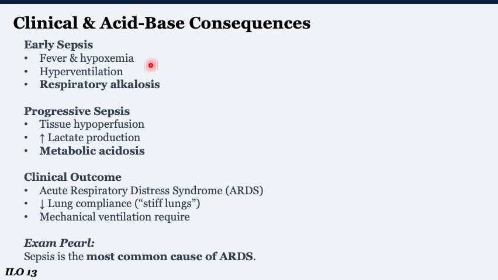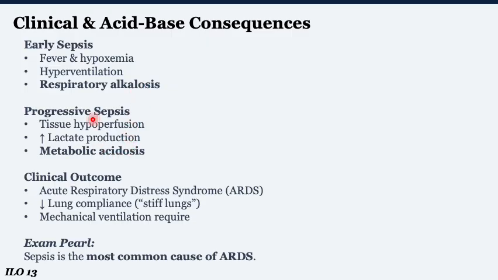So, the clinical and acid-base consequences: in early sepsis, you'll notice fever and hypoxemia. They may have hyperventilation or a respiratory alkalosis, trying to correct the underlying acid-base disorder.